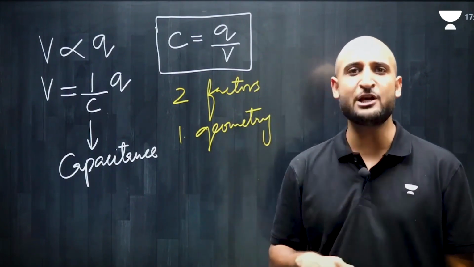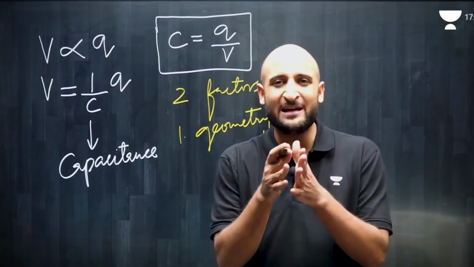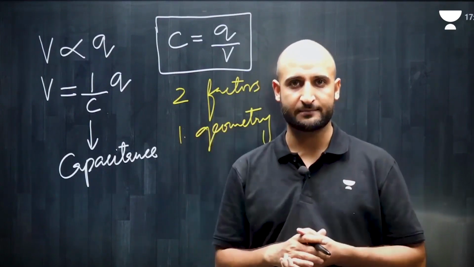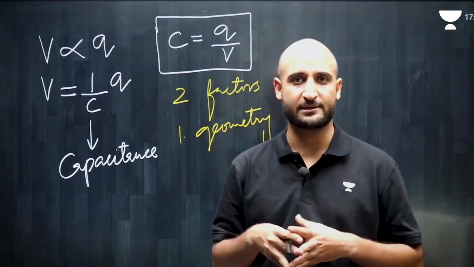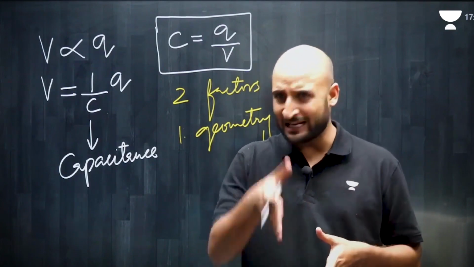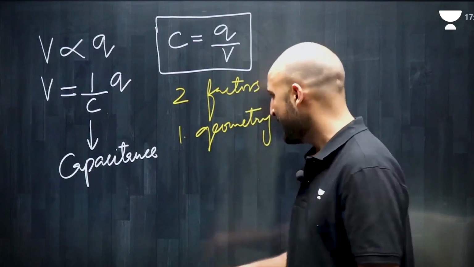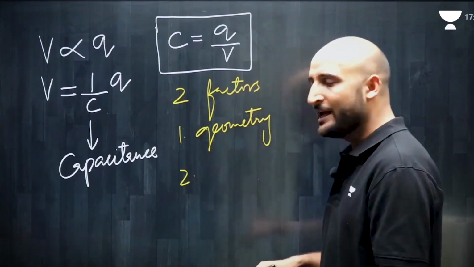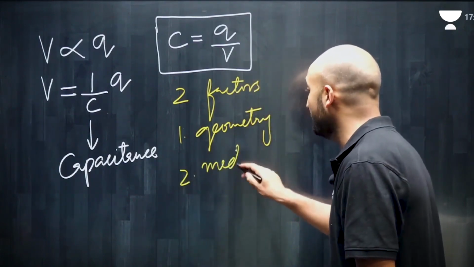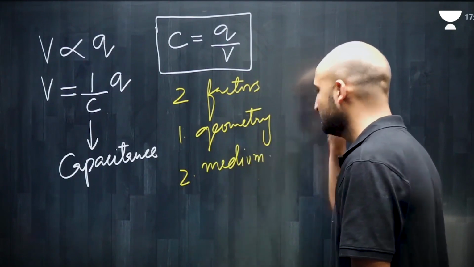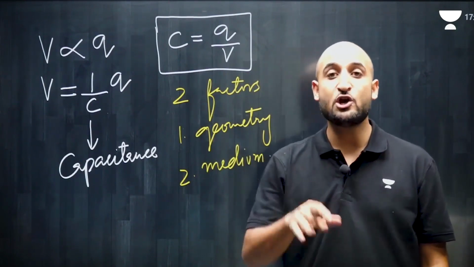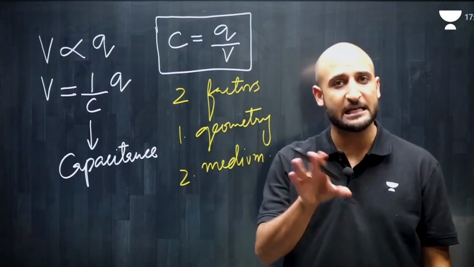Sometimes it means the area of the capacitor. Sometimes it means the distance between the two conductors. These are the parameters we call geometry, and your capacitor actually depends on them. That's number one. And number two, it depends on the medium. These are the two factors your capacitance depends on.